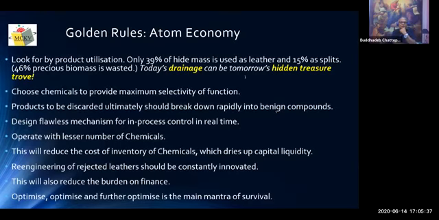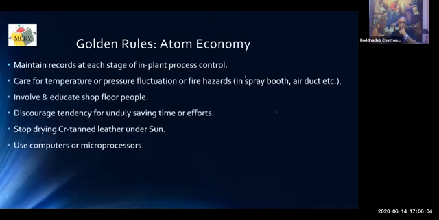Therefore, there should be a regular re-engineering of rejected leathers, finding avenues for how they can be re-engineered and sold out, so that the money can be cashed back and flow back into the tannery itself. Optimize and further optimize is the main mantra of survival.